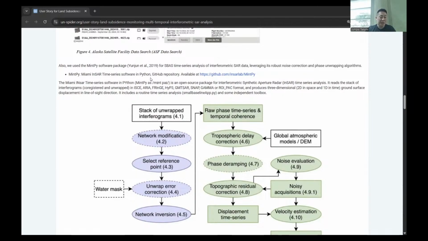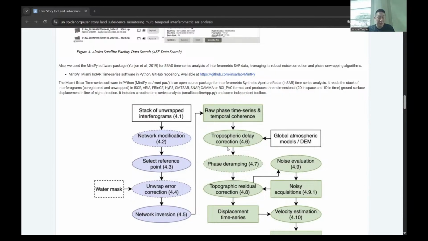Recently, we have to pay for some software or tools if you are working in the private sector. But the workflow is very well designed in MintPy time series analysis: a stack of unwrapped interferograms, network modification, select reference point, unwrapping error correction, and network inversion.